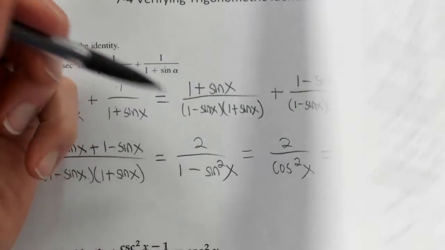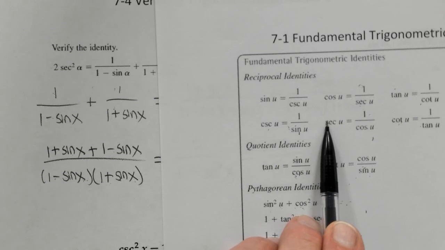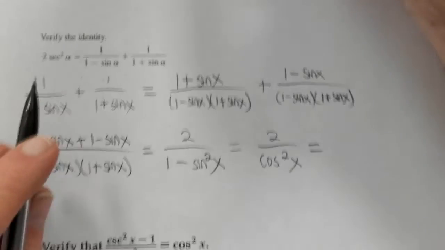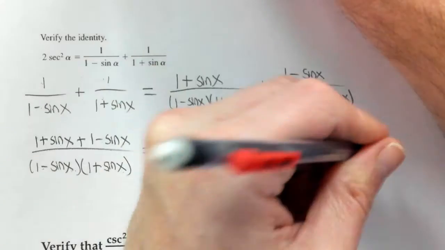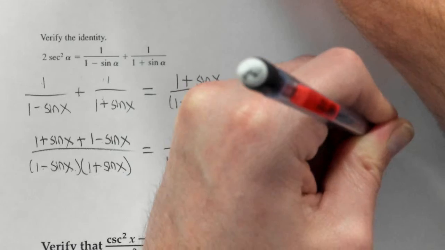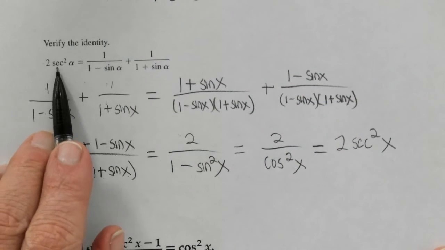Cosine squared can now change to secant, which works out great because that's what we want to turn it into. So 1 over cosine squared will change to secant squared, and then I've got 2 secant squared x, which is what we need to arrive at.